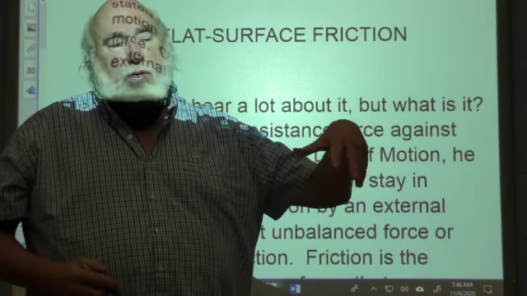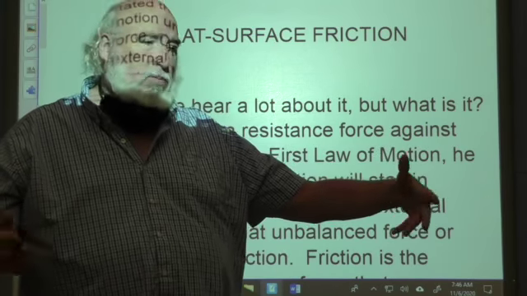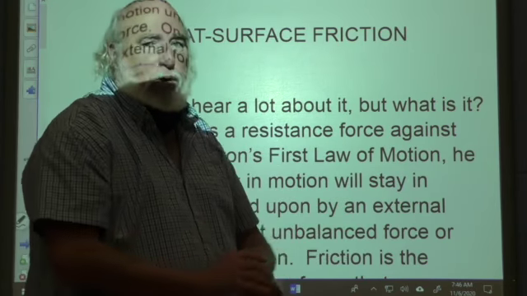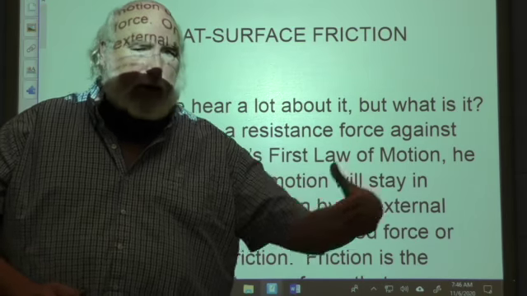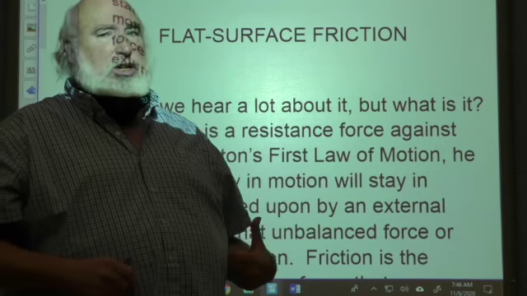And the horizontal force, the F sub H as we would call it at this point, is the opposite of the applied force. Instead of looking at it from the applied force, we're going to look at it from the frictional point, which is exactly and equally opposite to each other.